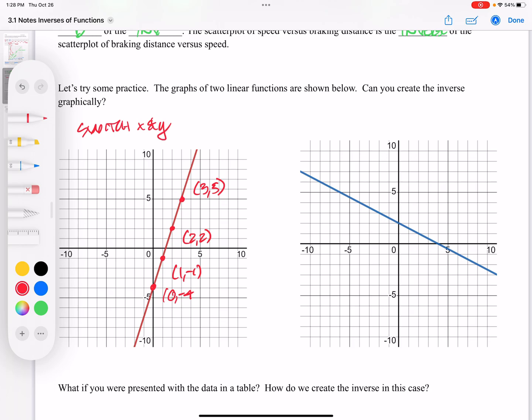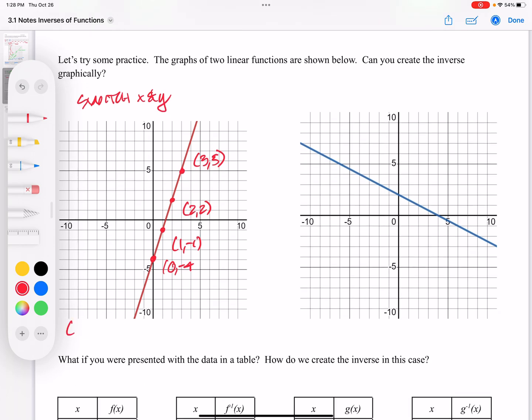So these points, 3, 5, 2, 2, 1, -1, and 0, -4 will just become 5, 3, 2, 2, -1, 1, and -4, 0. You can see I just switched the place of x and y.